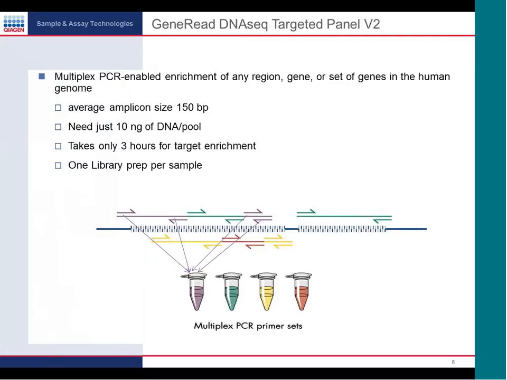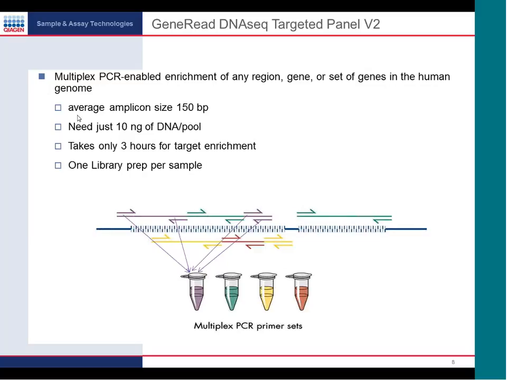You can pick and build any panel which is really unique to your needs. In all these amplicons, the average size is around 150 base pair, which makes them very compatible for all samples, whether FFPE samples, liquid biopsy samples, or single cells. This target enrichment panel is compatible with all of them because of its unique small amplicon size.